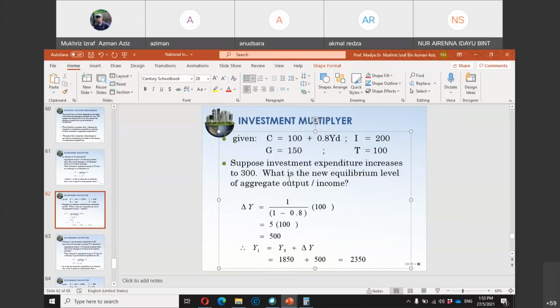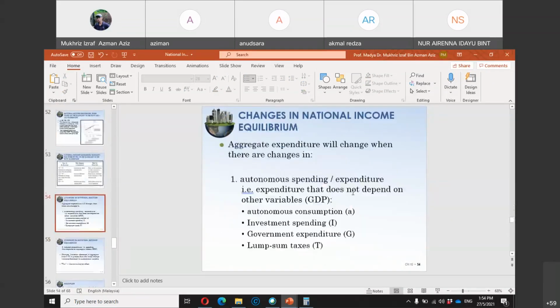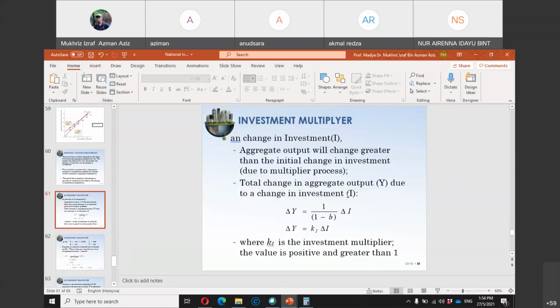So the original investment is 200, increasing to 300 means the change will be 100. The formula is given as change in Y, so you need to know the original value and also the new value. New minus old, you get the change value.